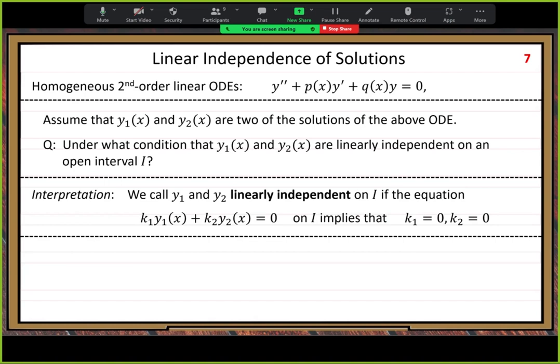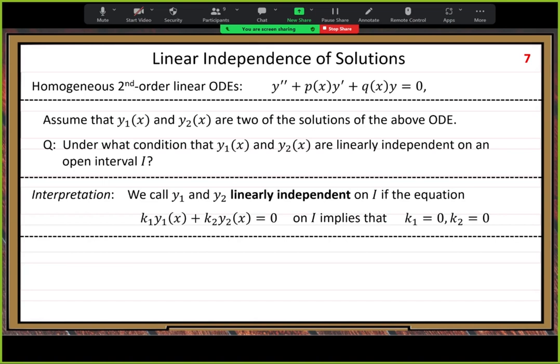If you can find K1, K2, one of them non-zero, usually both non-zero, such that K1 times y1 plus K2 times y2 is not equal to 0 at even one point on I, then you destroy the whole condition.